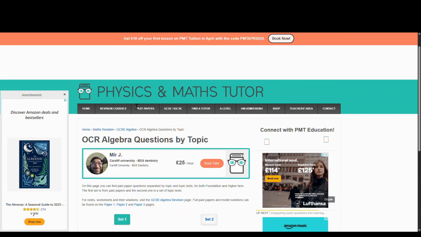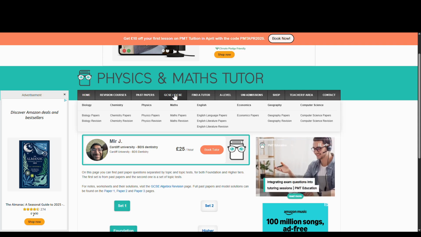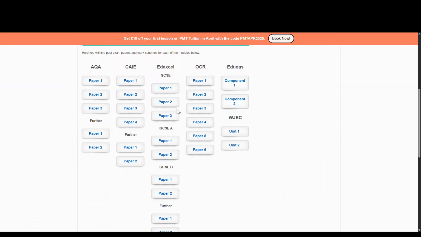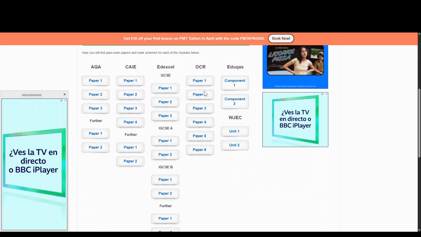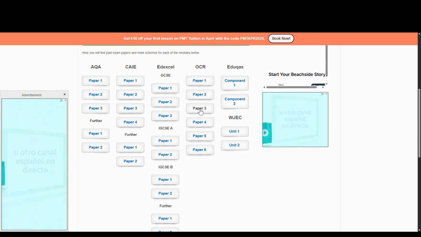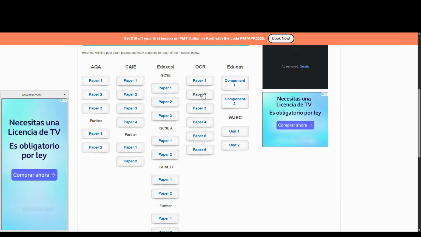If you want something more general and you literally just want to access past papers, again, go into that GCSE section, maths papers, and again, we are OCR. Just be aware of this, because I know there was a little bit of confusion: papers 1, 2, and 3 are the foundation papers. Paper 1 is foundation paper 1, paper 2 is your non-calculator foundation paper 2, and paper 3 is foundation paper 3.